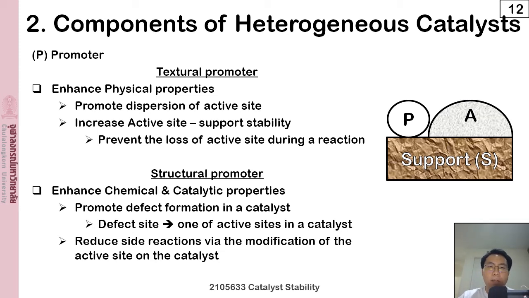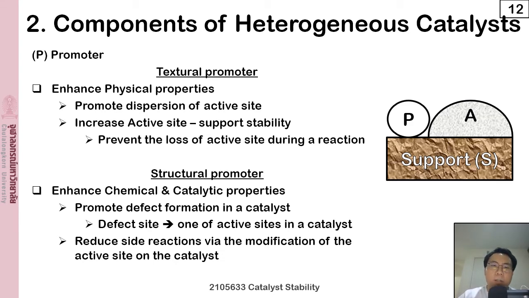When you have a defect on the catalyst, you have a new active site, because the oxidation number and the bonding surrounding that defect change. And when they change, all the chemical properties, including the catalytic properties, change. So you have different activity. And also the structural promoter can reduce the side reactions.